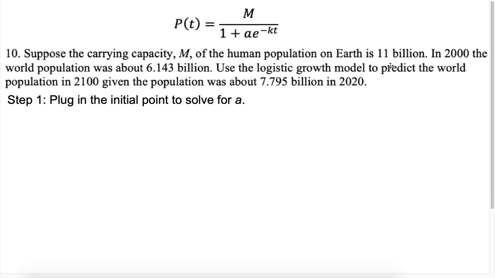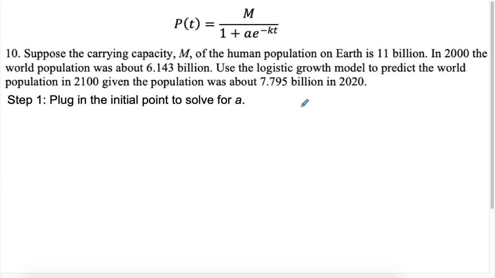So I picked 11 billion to say that that's Earth's carrying capacity. And then these are actual values as well. In 2000, the world population was about 6.143 billion. And then in 2020, the world population was about 7.795 billion.